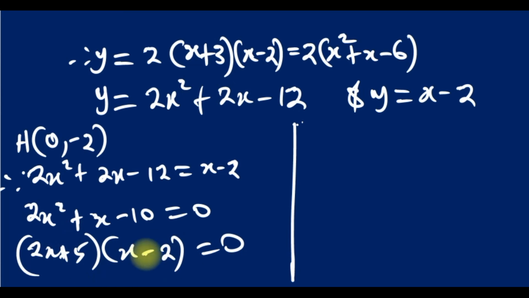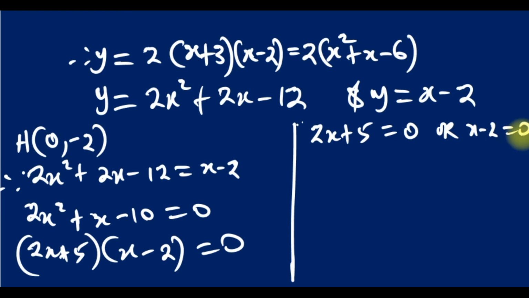If you open this up, you get back this. The product of two numbers being 0 means that one of them must be 0. So either the first one is 0 or the second one is 0. So our x is minus 5 over 2 or 2.